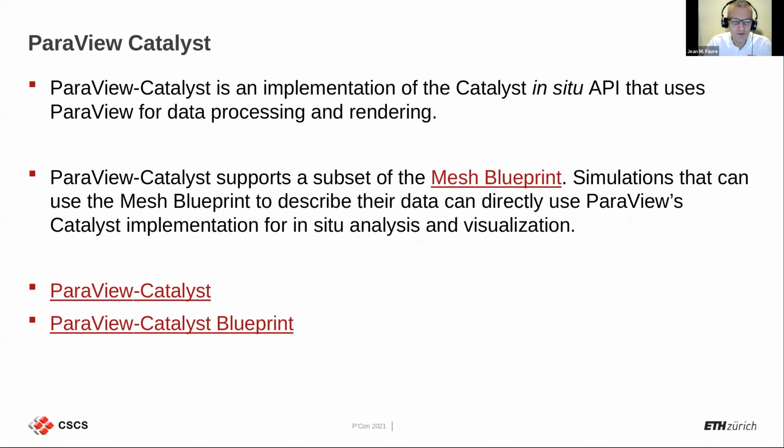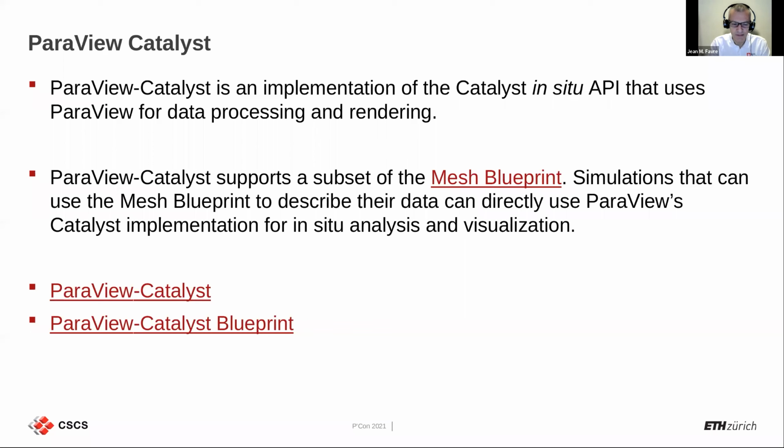Now, in addition to the mesh blueprint, which is this set of conventions that Conduit has to describe computational mesh, ParaView also uses Conduit for the so-called ParaView-Catalyst blueprint. Because there is a little bit more than describing the mesh itself. We also need to tell Catalyst the name of channels where data will be available.